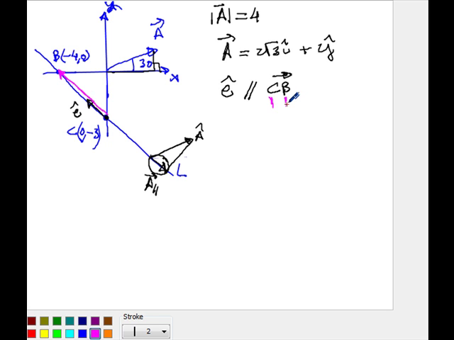So remember the definition of a unit vector. This goes back to expressing a vector in component notation. If you have any vector, let's say B, you can express B in component notation as bxi plus byj.